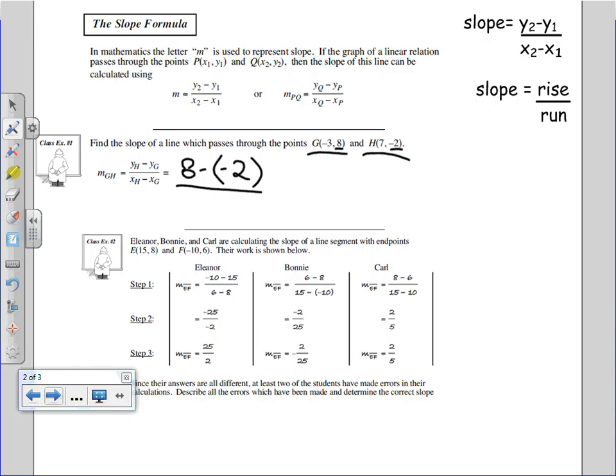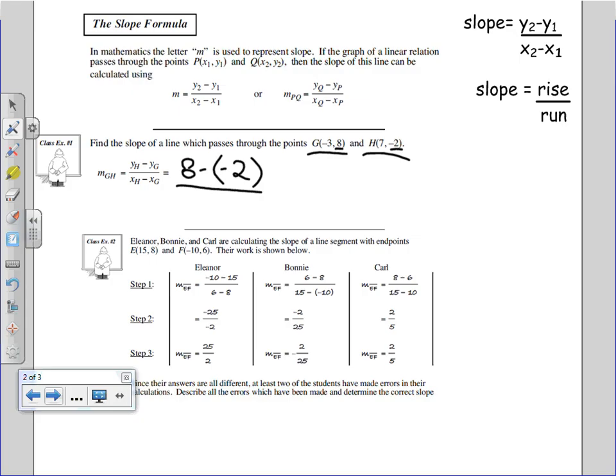Yeah. So you took one y value and you subtracted the other one. If you chose 8 to go first, that means on the run, what number do you have to choose to go first? 8, 3. It has to be negative 3. It has to be the same point. What's up, Aaron? On this one, does it say YH minus YG? It does. It says YH minus YG. Let's see if it makes a difference. That's a good question. So we went 8 minus negative 2.